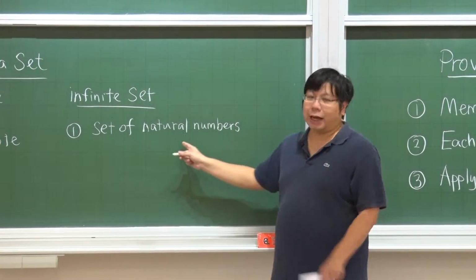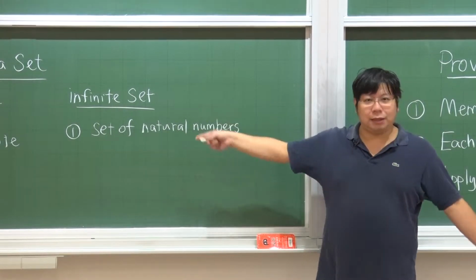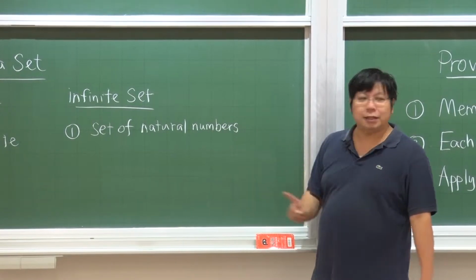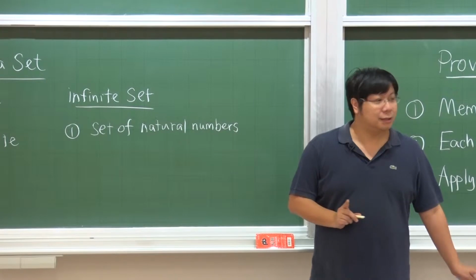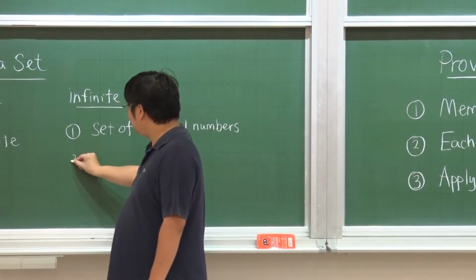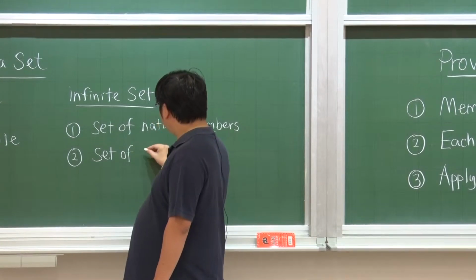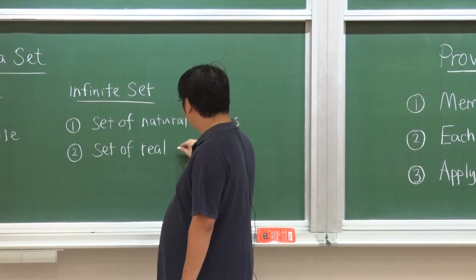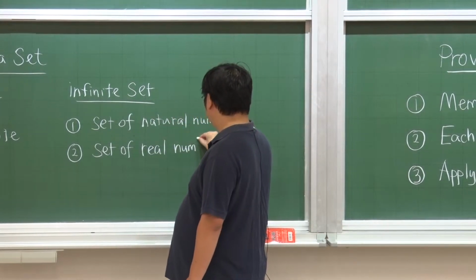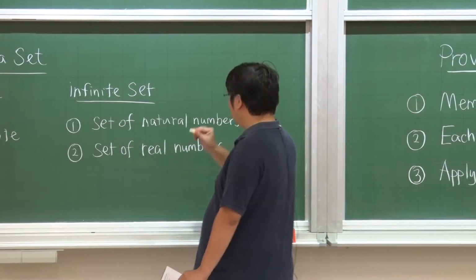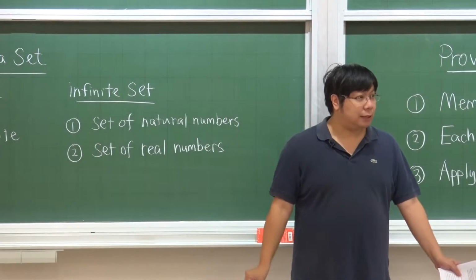But in any case, the set of natural numbers, in whatever definition, is infinite. And then there is another, for instance, the set of real numbers. It is also an infinite set, right?